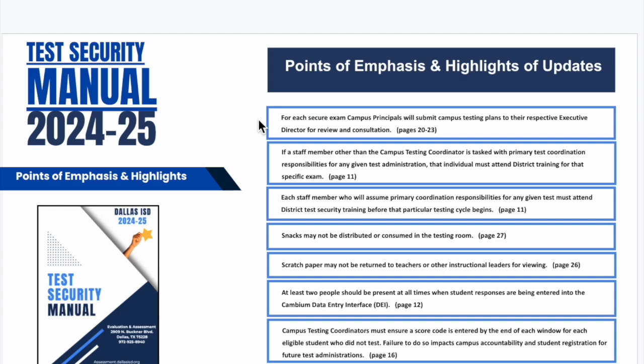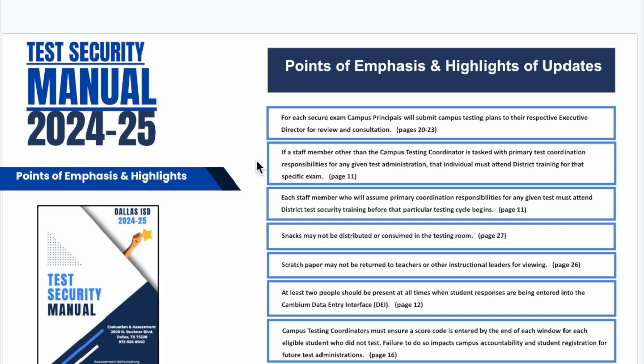If a staff member other than the campus testing coordinator is tasked with primary test coordination responsibilities for any given test administration, that individual must attain the training for that specific exam, page 11. Each staff member who will assume primary coordination responsibilities for any given test must attend district test security training before that particular testing cycle begins, page 11.